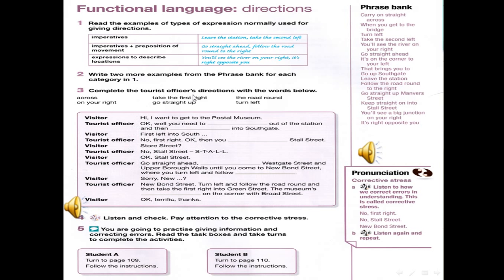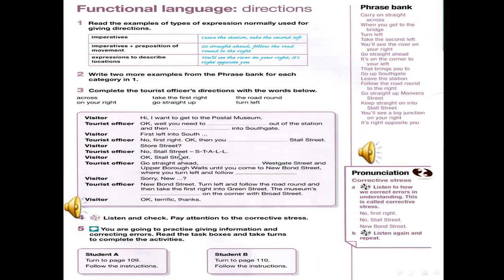Unit 9, Functional Language, Exercise 4. Hi, I want to get to the Postal Museum. Okay, well, you need to turn left out of the station and then take the first right into Southgate. First left into South... No, first right. Okay, then you go straight up Stall Street. Store Street.